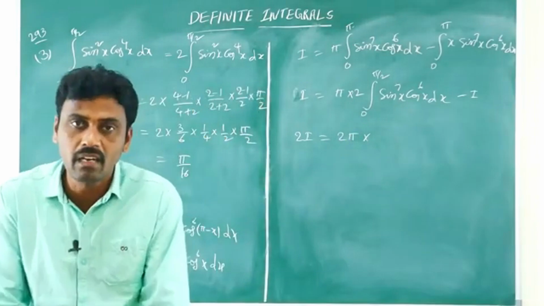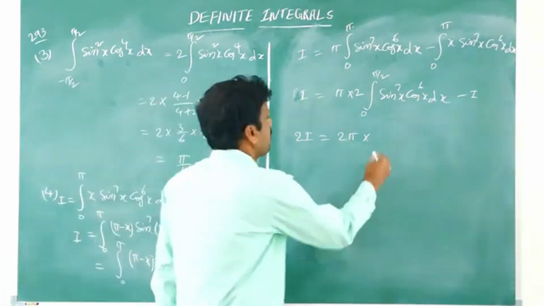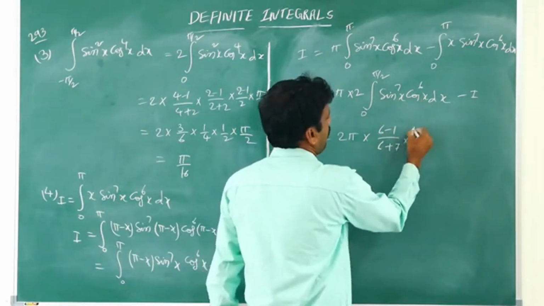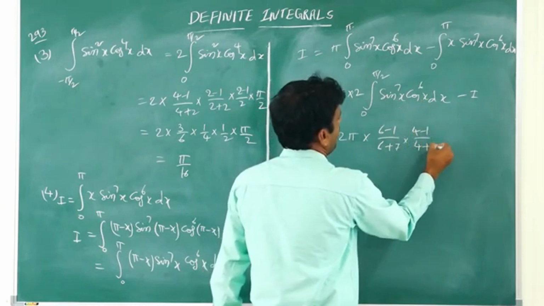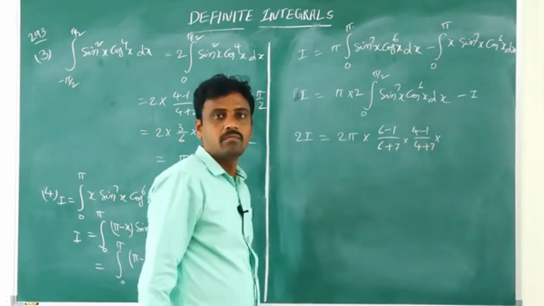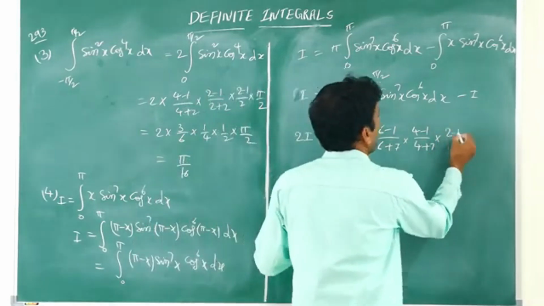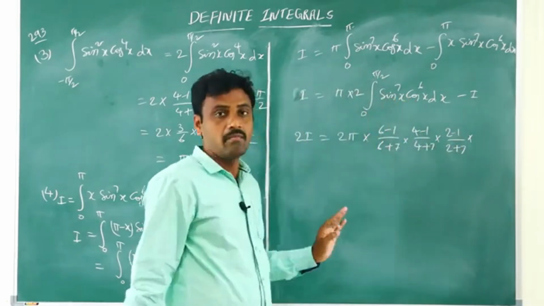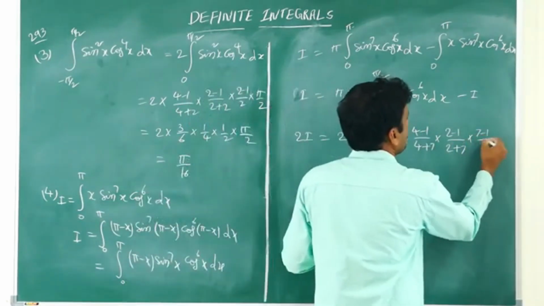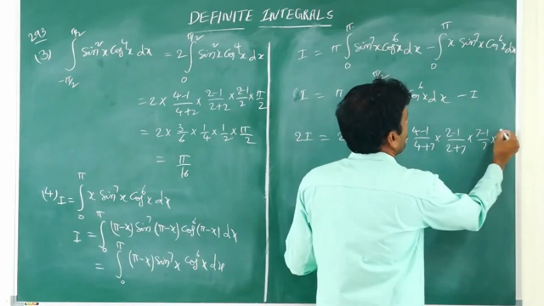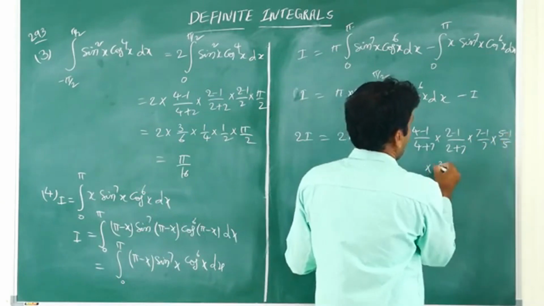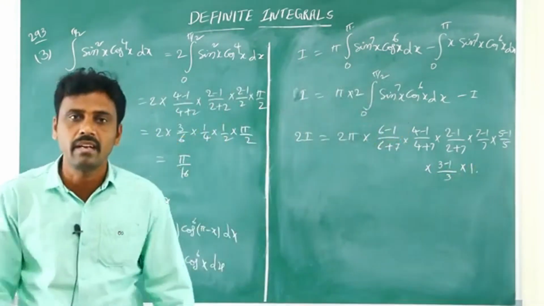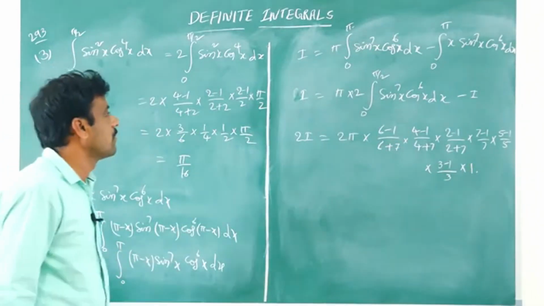Again I(m, n) is (n minus 1)/(n plus m) with m = 7, n = 6: 6 minus 1 by 6 plus 7, 4 minus 1 by 4 plus 7, 2 minus 1 by 2 plus 7, remaining sin power 7: 7 minus 1 by 7, 5 minus 1 by 5, 3 minus 1 by 3 into 1.